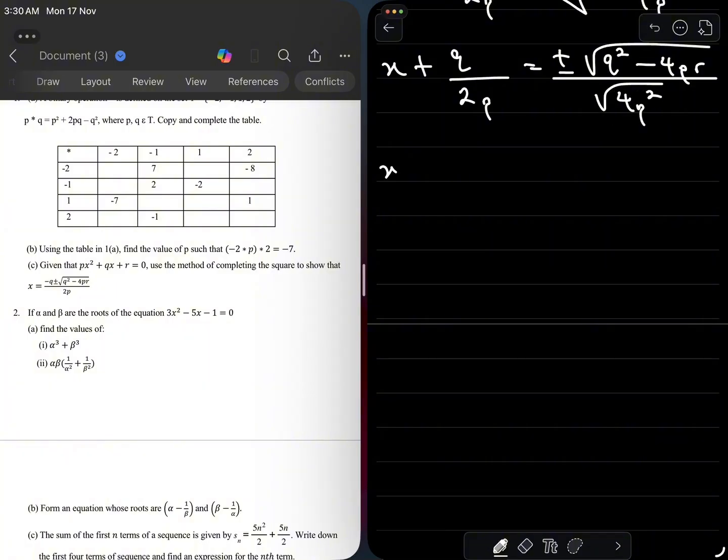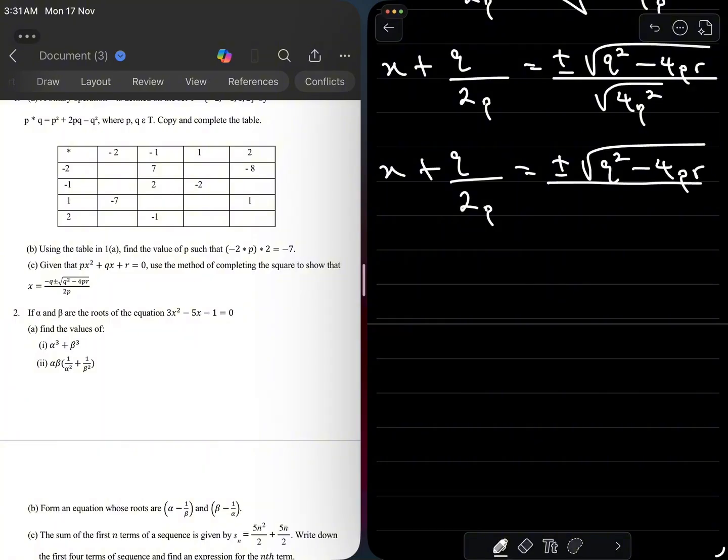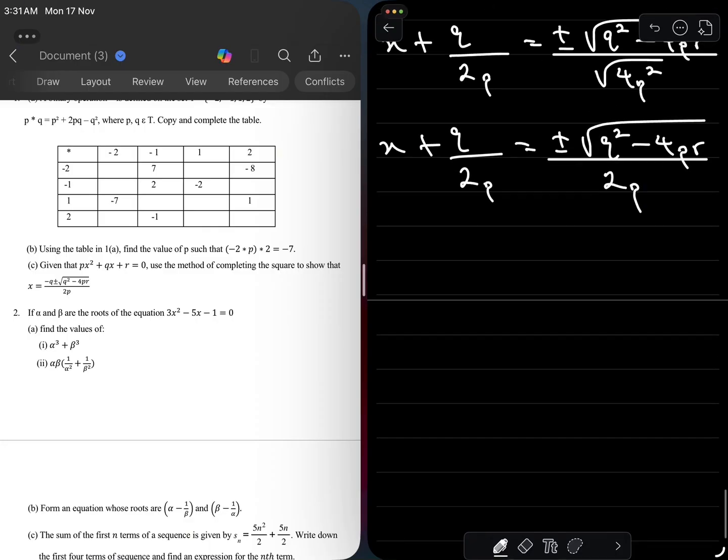So that means x plus q over 2p is equal to plus or minus root q squared minus 4pr all over 2p. We are leaving the numerator this way because we can't find its square root.